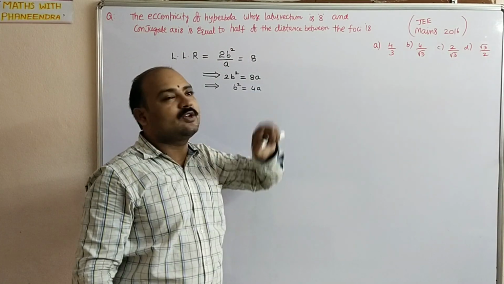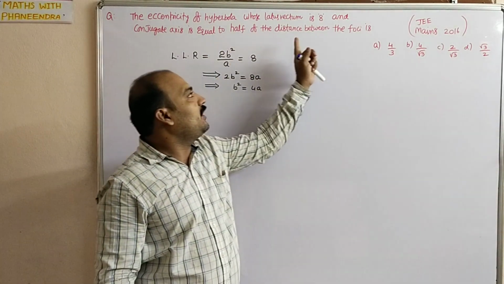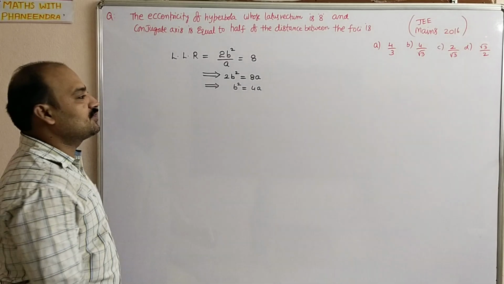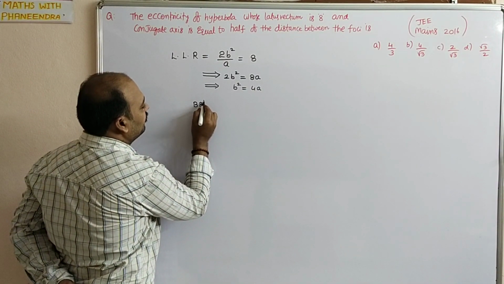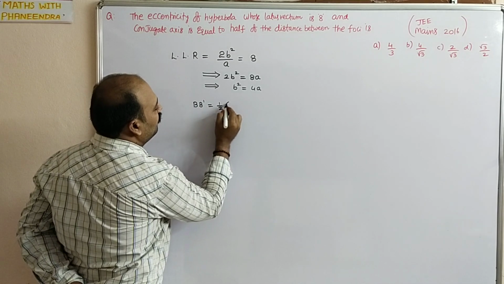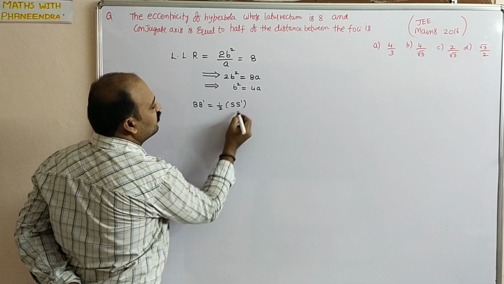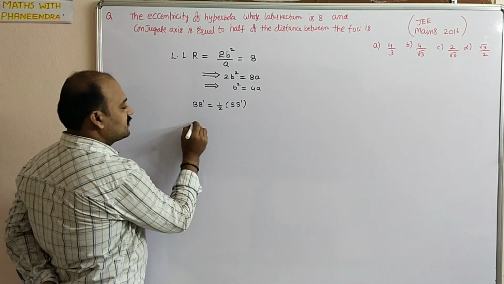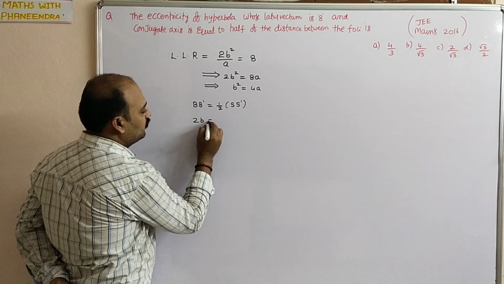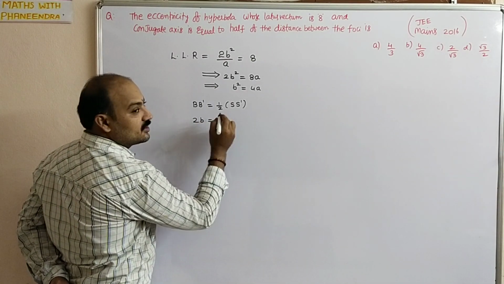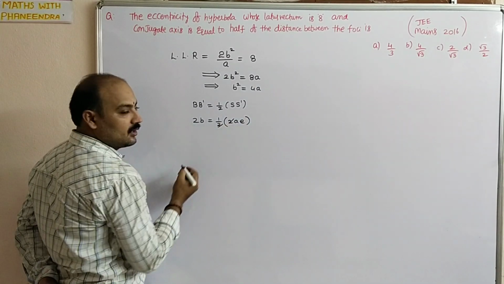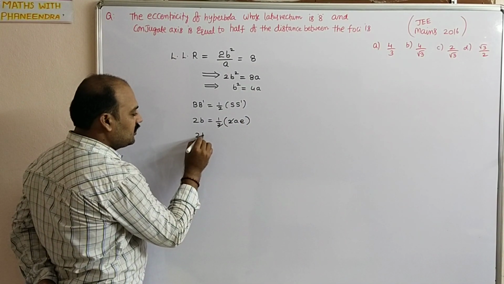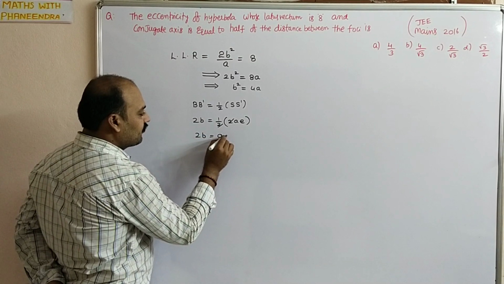Conjugate axis is equal to half of the distance between foci. Conjugate axis length 2b is equal to half of the distance between foci, which is 2ae. The 2 gets cancelled, so 2b is equal to ae.